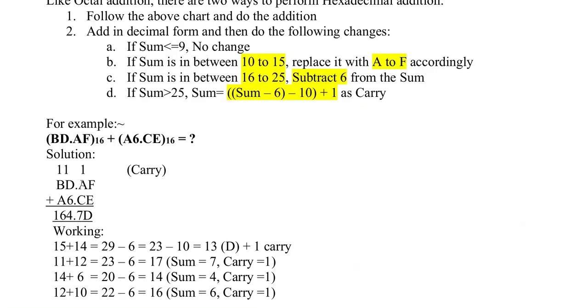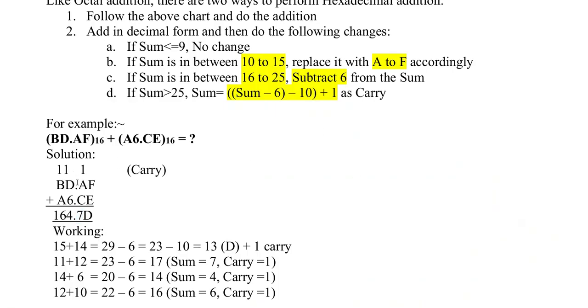Now we'll add A plus 1. A is 10 plus 1, 11. C is 12. So 11 plus 12 is 23. Minus 6, 17. 17 comes in option C, so the sum becomes 7, 1 goes to carry. Now I'm again adding D plus 1.